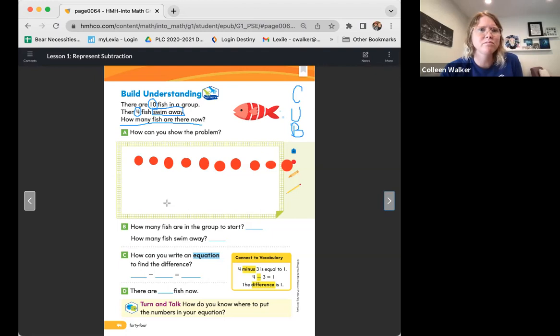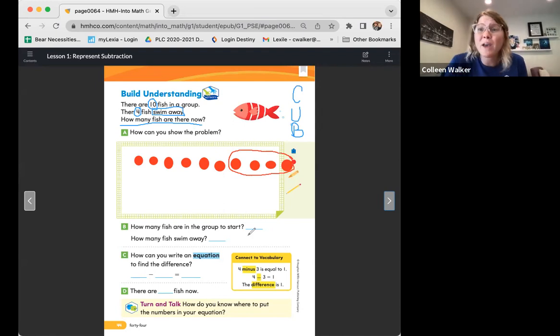Awesome. And then boys and girls, how many fish swam away? Yes, 4 swam away. So let's circle 4 fish. 1, 2, 3, 4. Awesome.